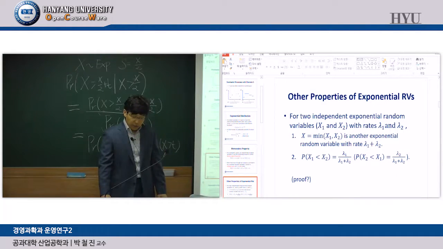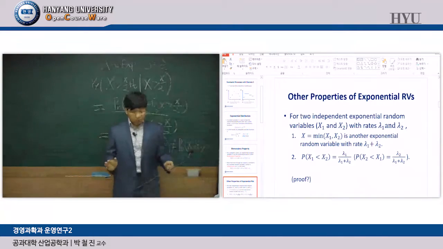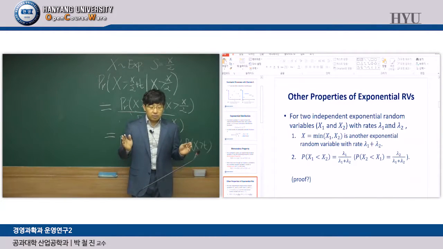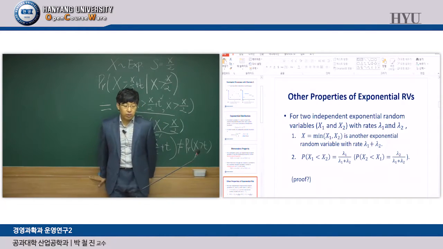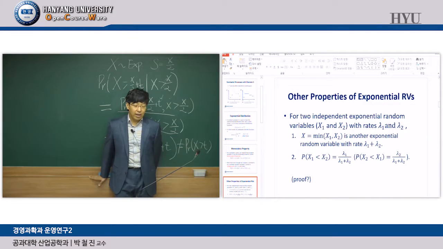The first one is, here we are considering two independent exponential random variables, X1 and X2, and they follow exponential distributions but with different parameters. X1 follows an exponential distribution with rate lambda 1, and X2 follows an exponential distribution with rate lambda 2.